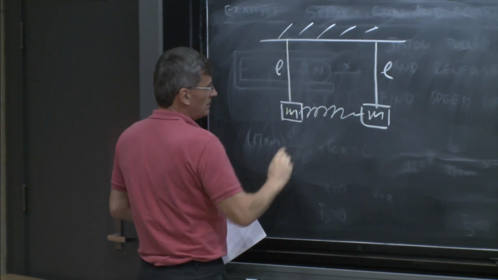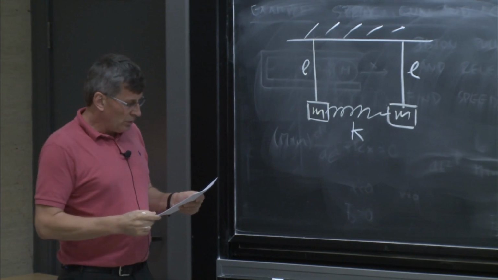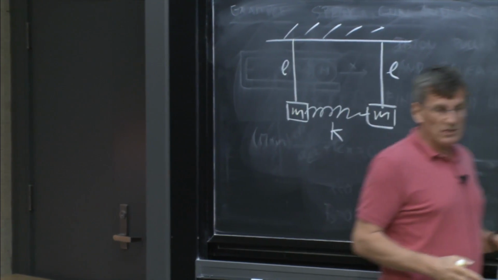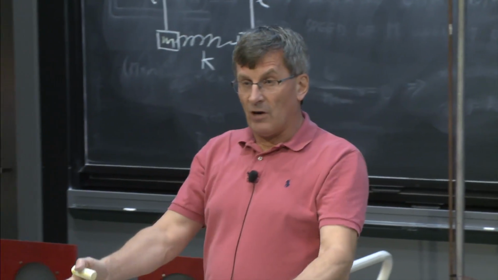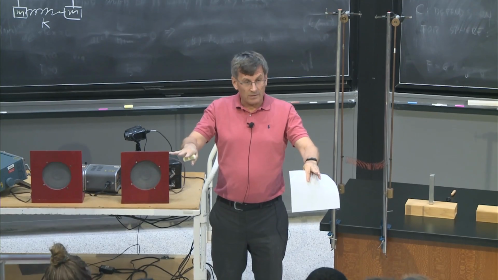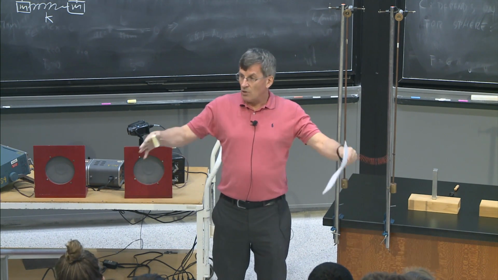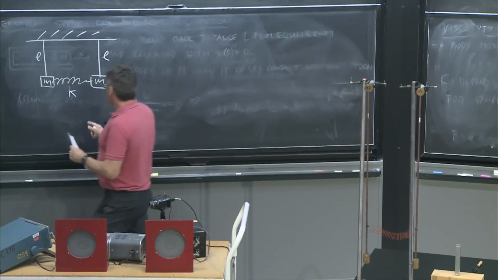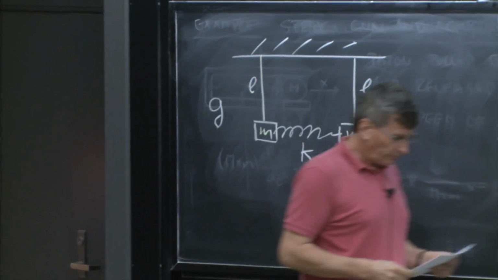We know the masses. We know the spring constant of the spring connecting them. The spring is initially at its rest position, such that when the two pendula are hanging vertically, the spring is relaxed. But if you move it away from vertical, the spring either compresses or stretches. And everything is in Earth's gravitational field, g.